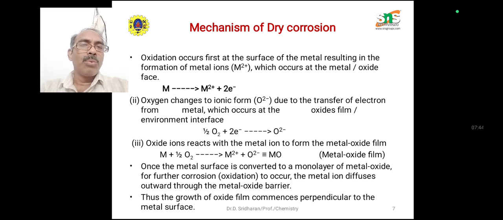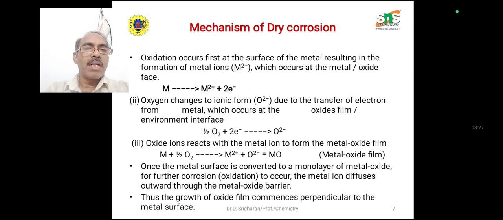Oxygen changes to ionic form due to the transfer of electrons from the metal, which occurs at the oxide film-environment interface: O2 plus 2e− gives O2−. The oxide ions react with the metal ions to form the metal oxide film: M plus O2 gives M2+ plus O2−, that is, metal oxide film formation on the metal or alloy surface.